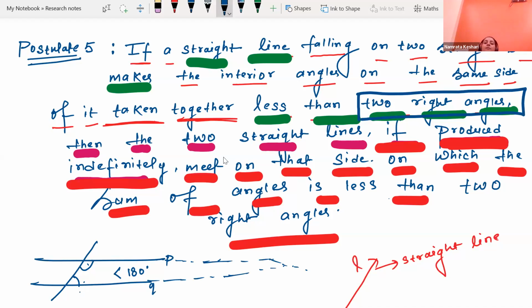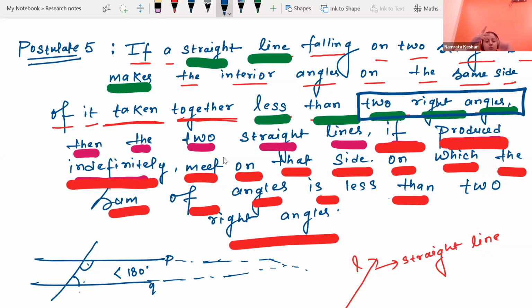So if it is smaller than 180, the distance between the two lines will get smaller, and eventually they are going to meet. What about the case if it is 180? Both lines will maintain the same distance.